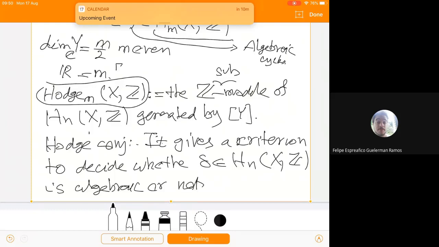What I mean by delta being algebraic or not is the same as what I told before: whether it is a linear combination of cycles of this form. Anyway, the precise statement of the Hodge conjecture we will learn during the course, but the philosophy behind it is this one.